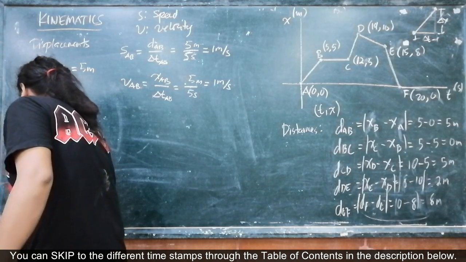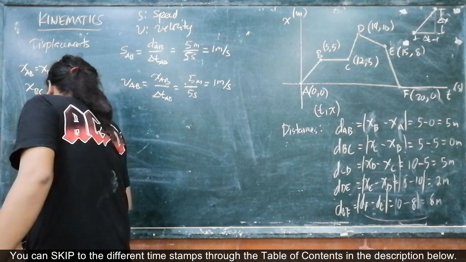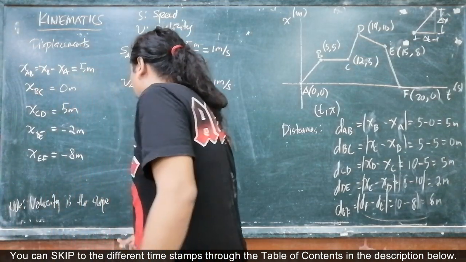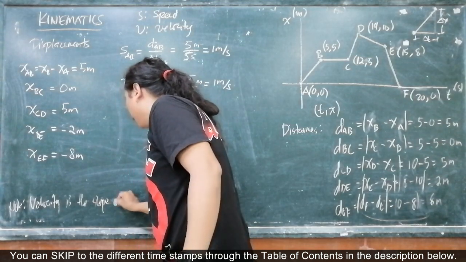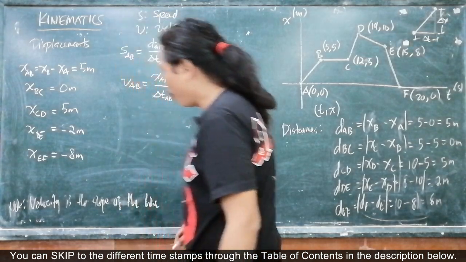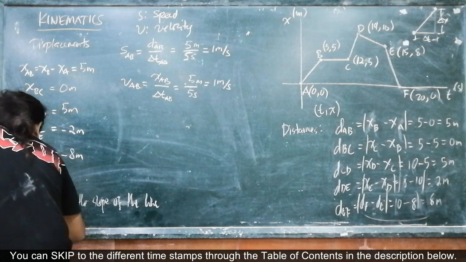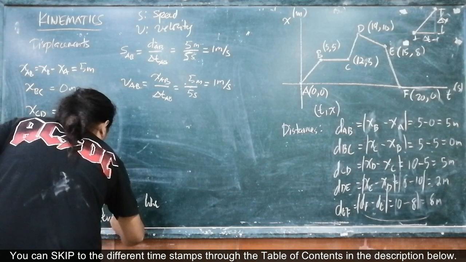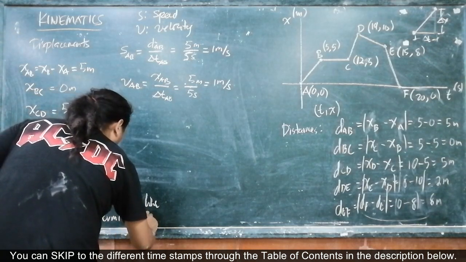Velocity is the slope of the line connecting the two terminal points.